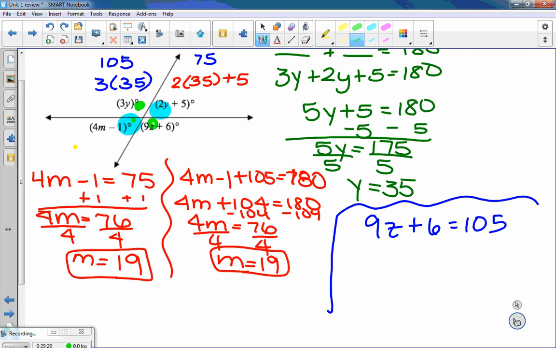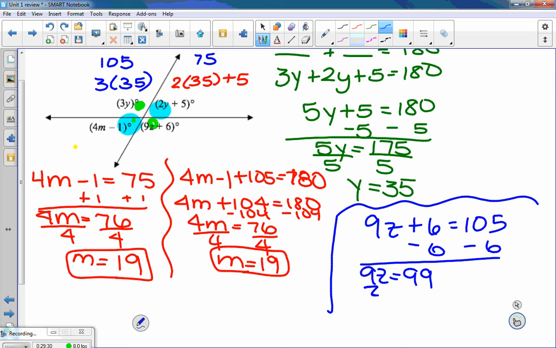That's fine. 9z is equal to 99. Z is going to equal 11. The problem was not hard if you knew your vertical angles and plugged it in.